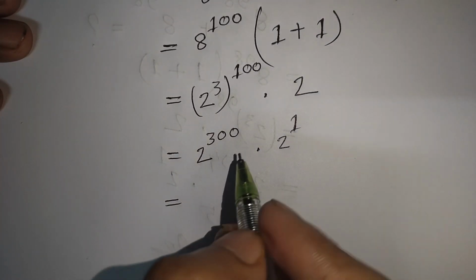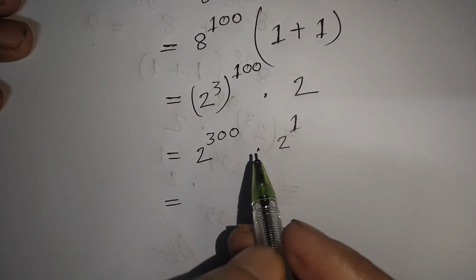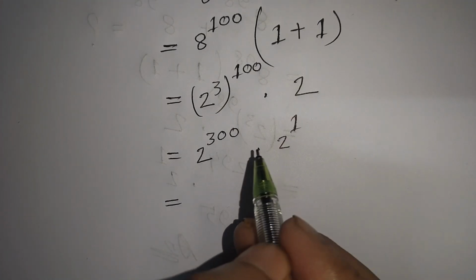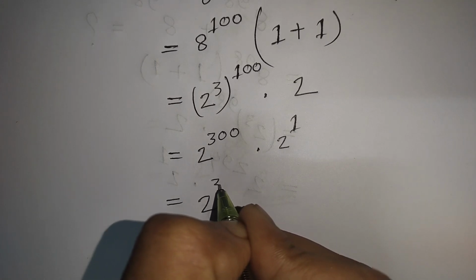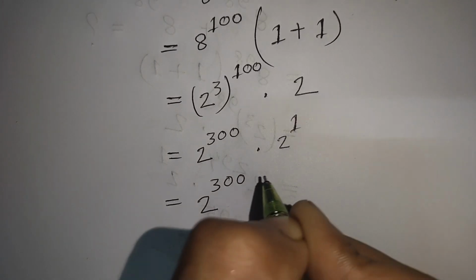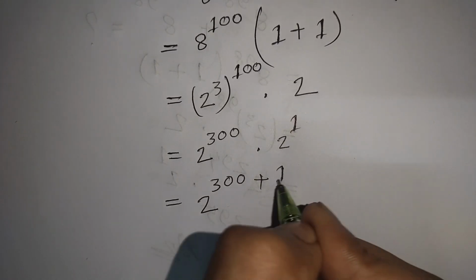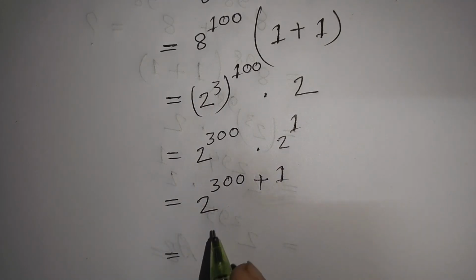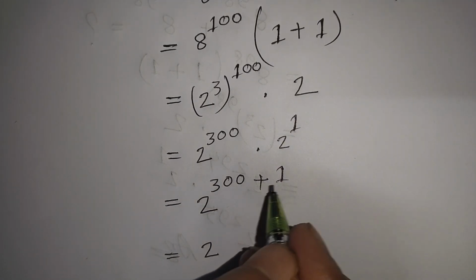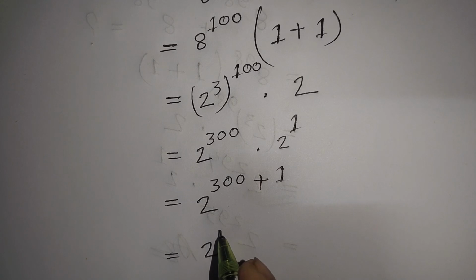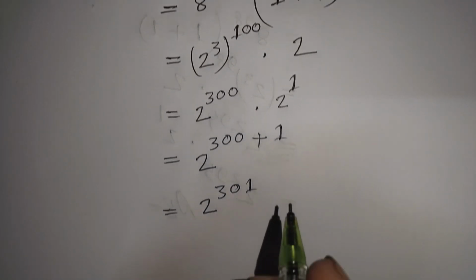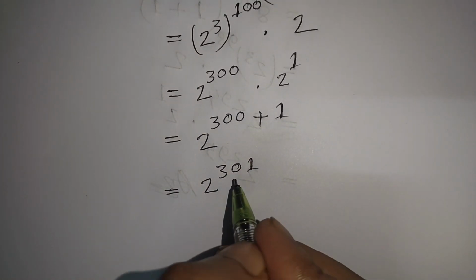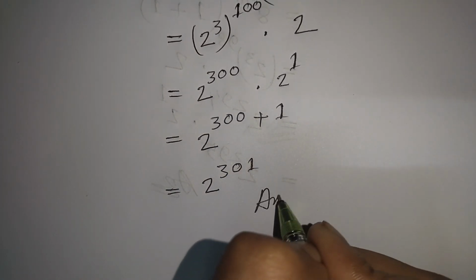Now we see two same bases but different powers, so we can write here 2 to the power 300 plus 1, that means it's 301. So 2 to the power 301 is the correct answer.